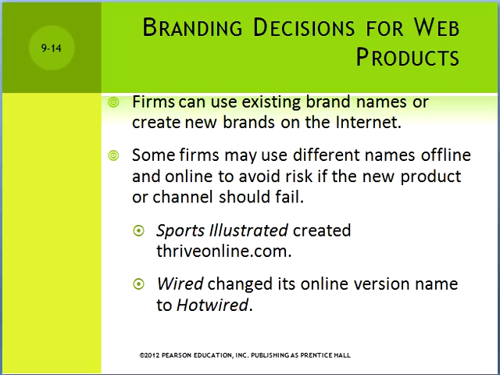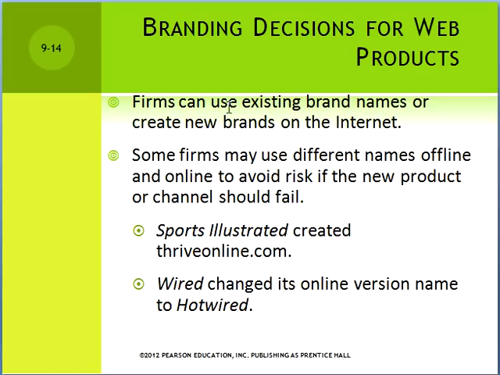Let's move to the branding decisions for the web product, for the online product. When we talk about online products, companies have to make some decisions regarding the brand. One thing which they have to decide is whether firms can use existing brand names or create new brands on the net.